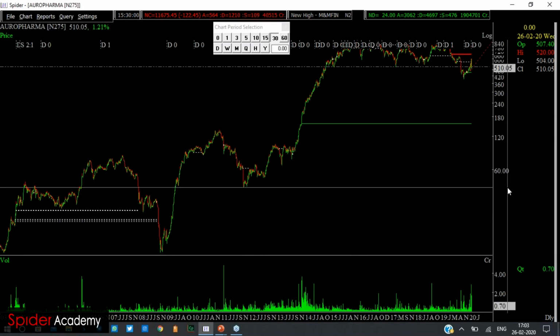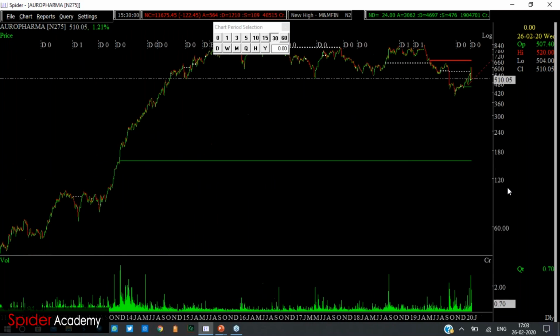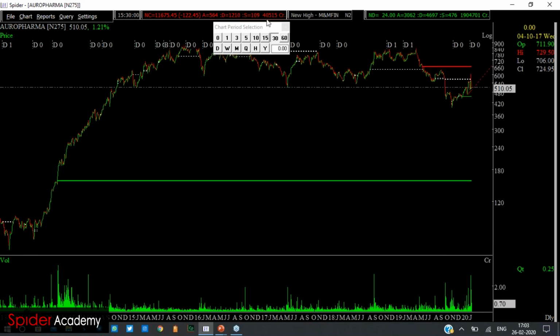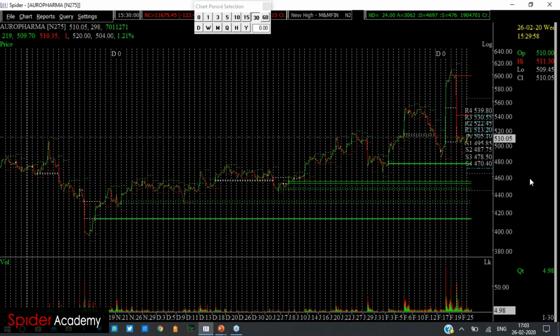We have Oro Pharma also over here again. So currently what I'm showing is basically for positional traders if you want to get into it. Day traders, definitely you can take an overview from a daily chart, but then we will move down to a lower time frame chart for this.